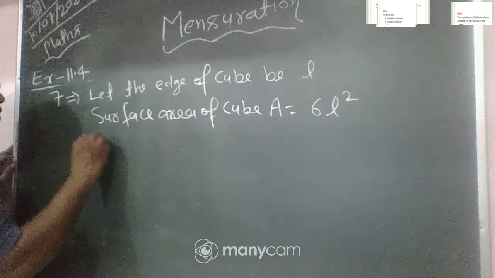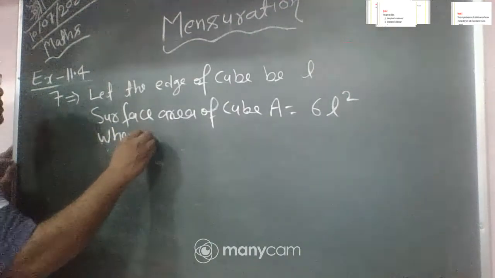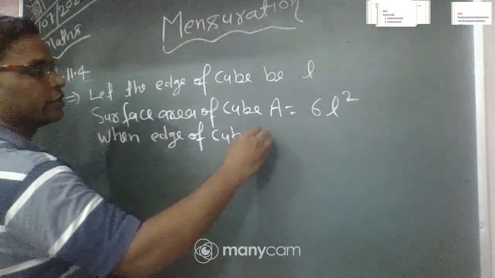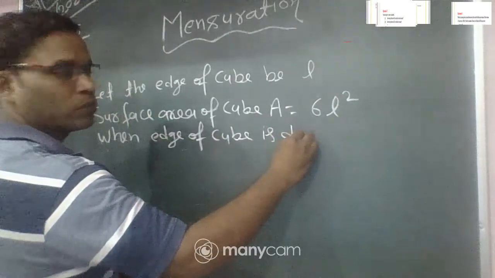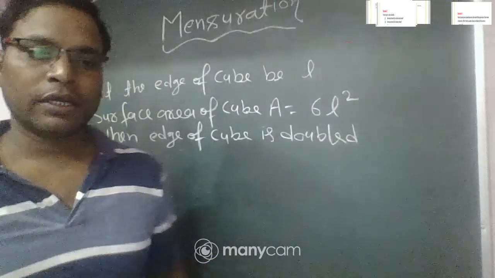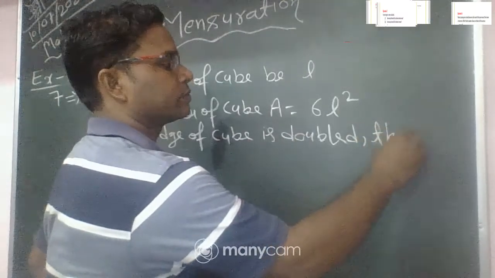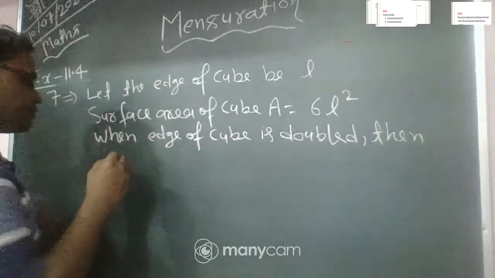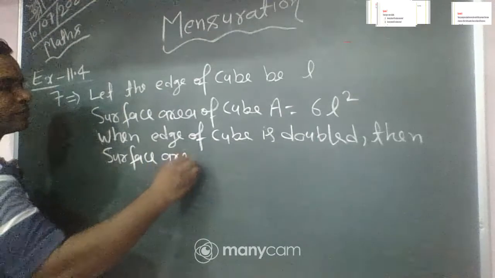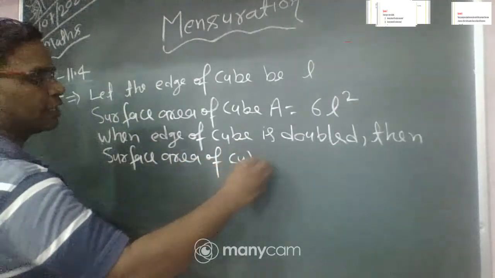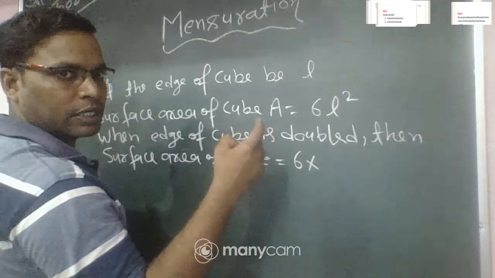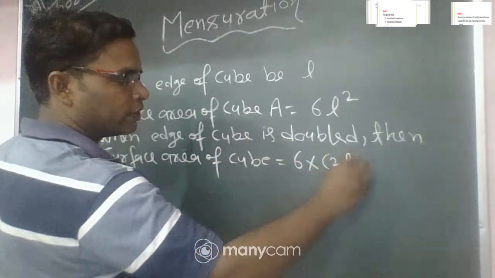So when the side of the cube is doubled, the surface area of the cube is equal to 6 into L square, where L is doubled, it becomes 2L, the whole square.